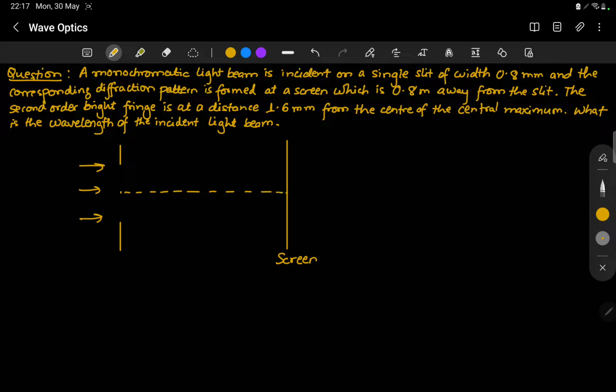This is the central part, and on the screen we see a diffraction pattern. This is the slit having certain width b, and this is the distance between the screen and the slit. This is the center.